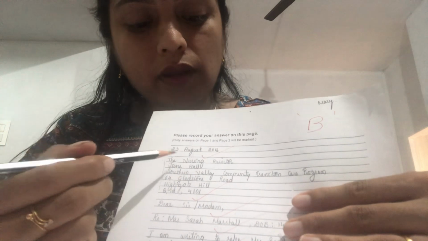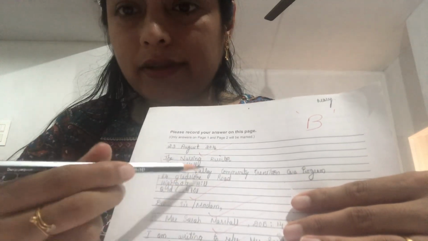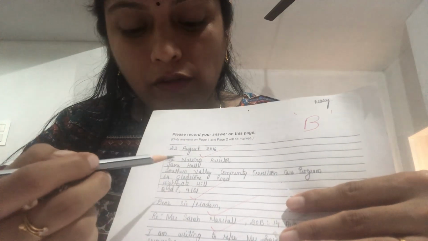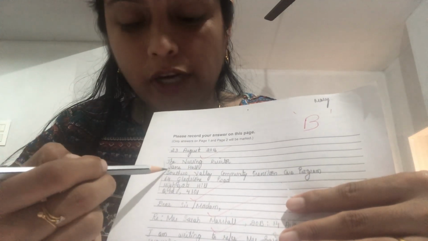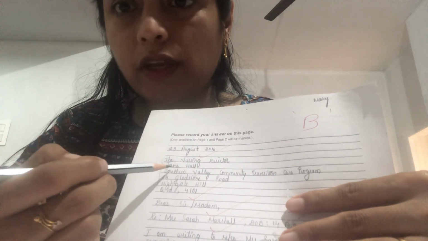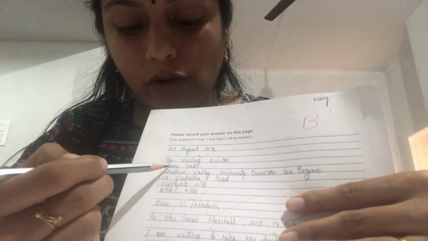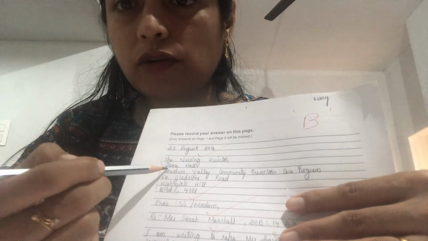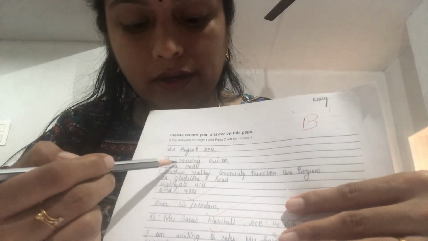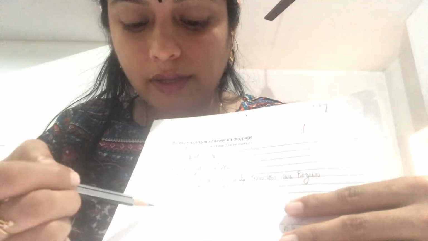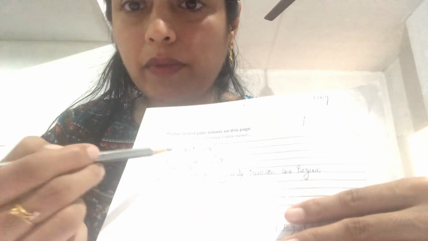One thing in the address: when you are writing the address, the first letter of each word should be capital. Next, Dear, and whatever they have mentioned in the address.